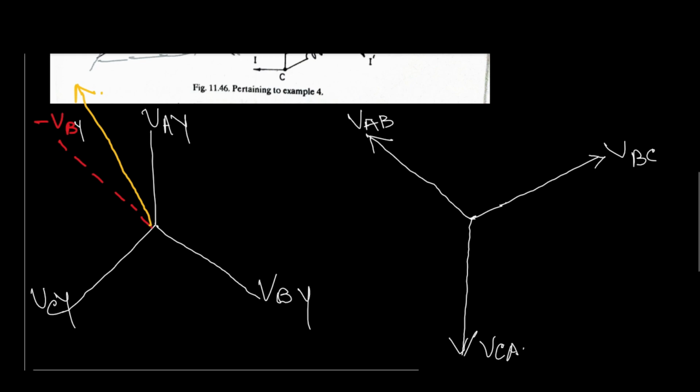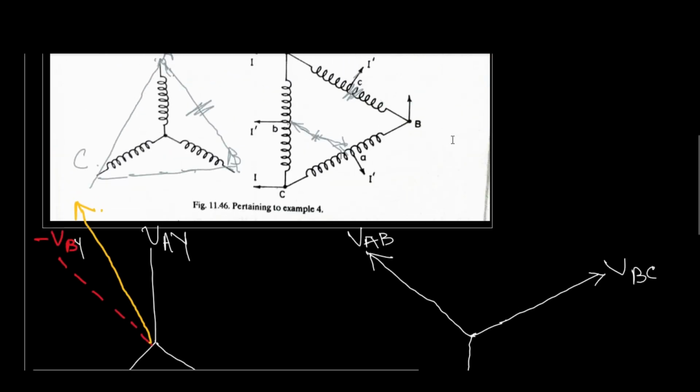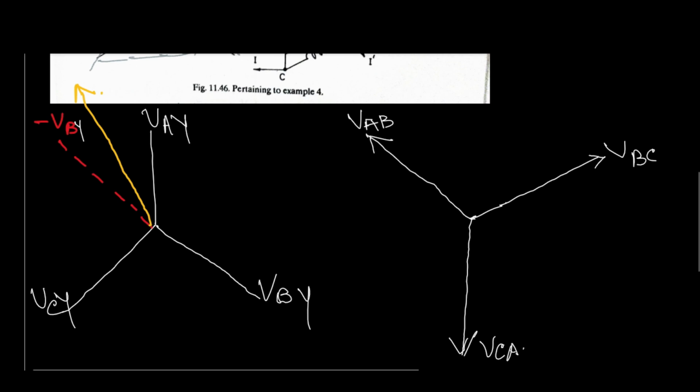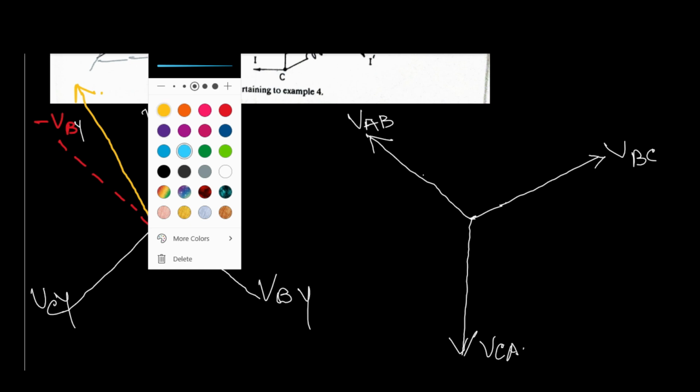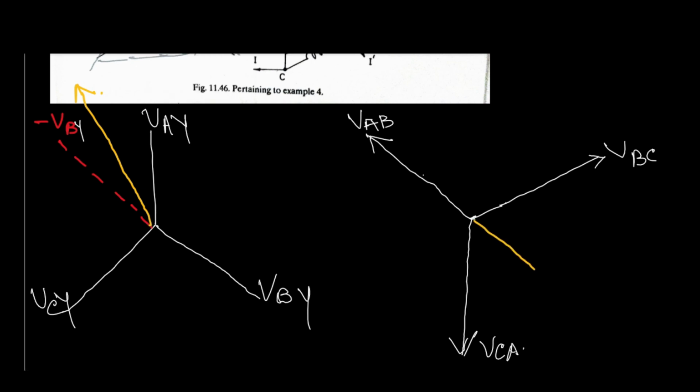So the magnitude of V small AB is equal to half of VAB, and it is 180 degrees out of phase.